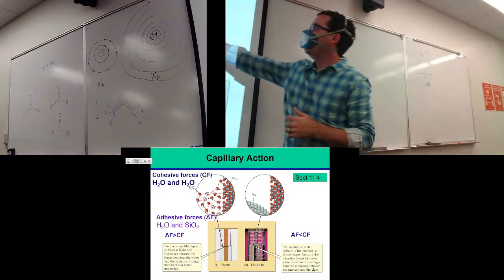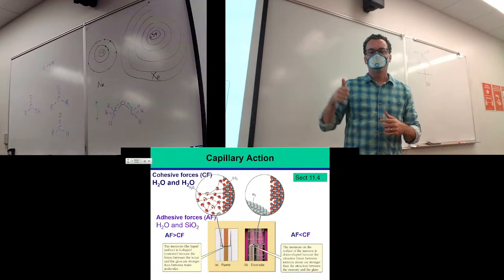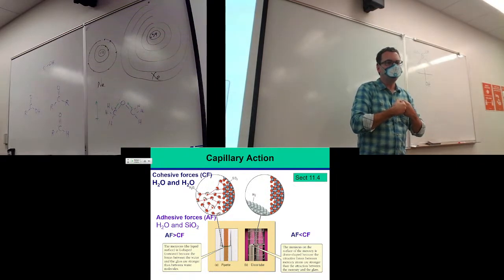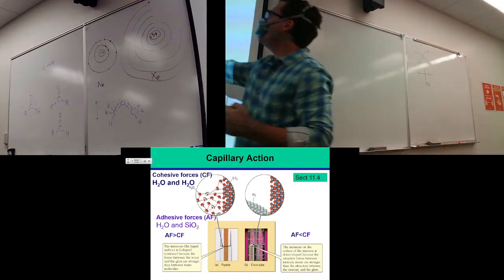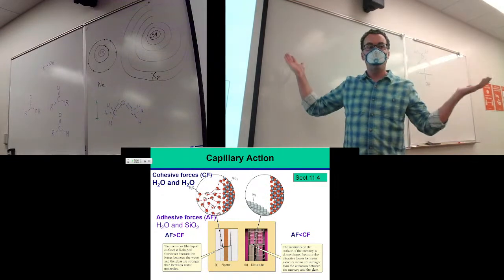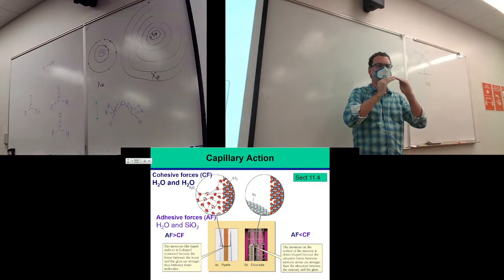But for mercury, the opposite happens. The cohesive forces, mercury to mercury, are much stronger. It's a metal-metal bond, and it's not as strong as the attraction to a glass surface. And so mercury is not going to be attracted to the glass surface. So why is it domed? Any guesses?